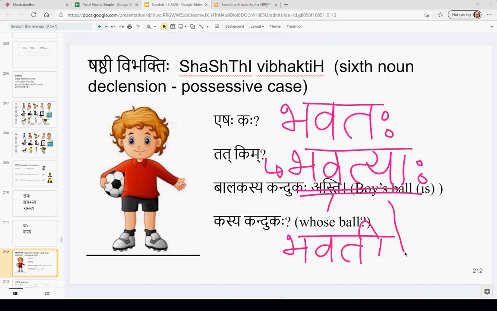This follows the same pattern, but bhavataha is a different pattern. Like aham, it has a different pattern, which is not in our study right now. But you can just keep using bhavataha as a shashthi vibhakti word. Bhavataha nama kim, bhavataha pustakam. Kasya pustakam, if there is a question, whose book? If you want to say your book, you can say bhavataha. If that other person is a male, you can use bhavataha pustakam, your book, bhavataha gruham, your house, and bhavataha vatayanam, bhavataha keshaha, etc.